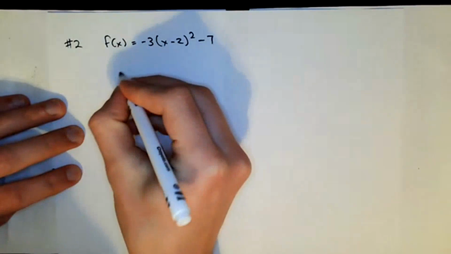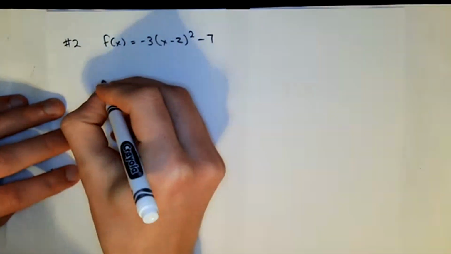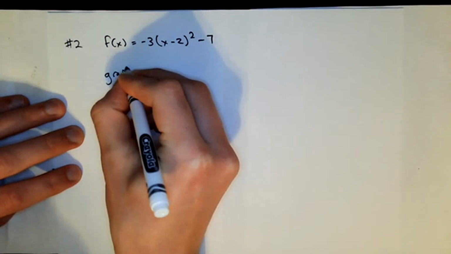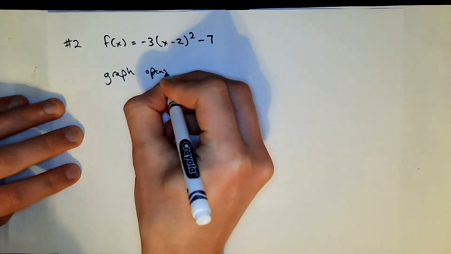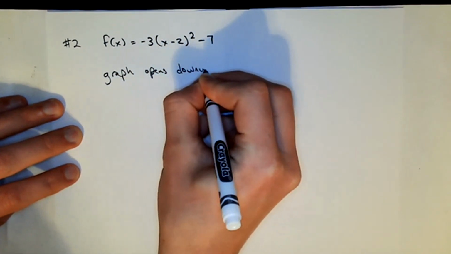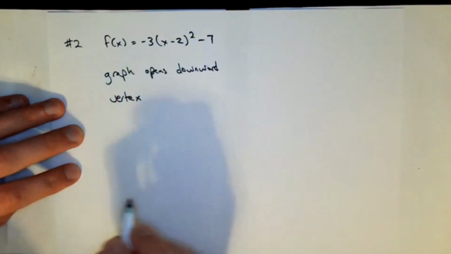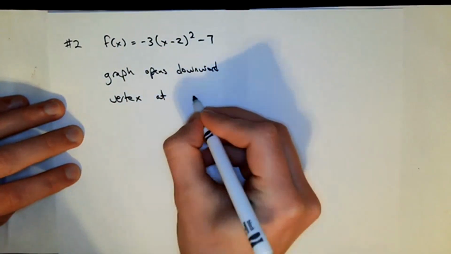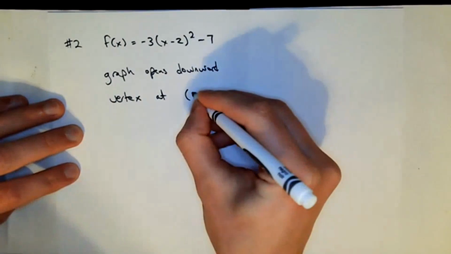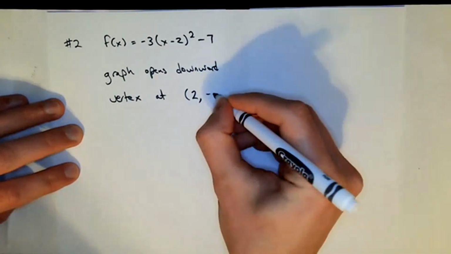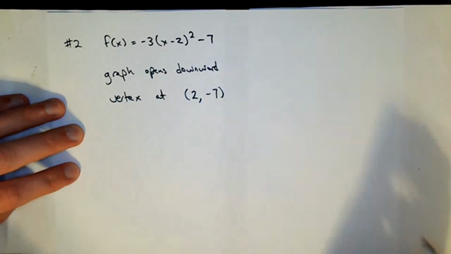So since the a term is -3, it's negative. So this graph opens downward. And its vertex is at, looking at the h value, it's going to be 2, and then the k value is -7.